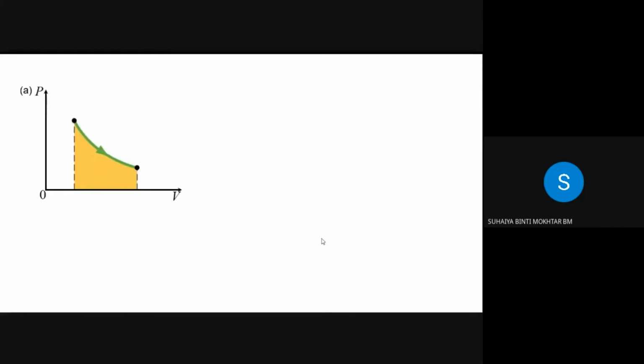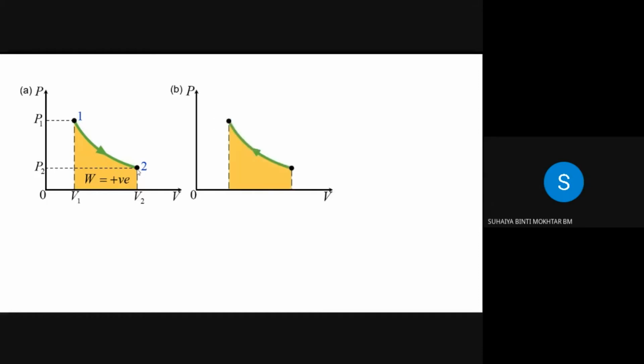Then the graphs. This is the same graph as before. What process is this? Isothermal. Look, volume increases. So work done, positive or negative? Positive. Volume increases from 1 to 2 following the arrow, but pressure decreases, and work is positive.